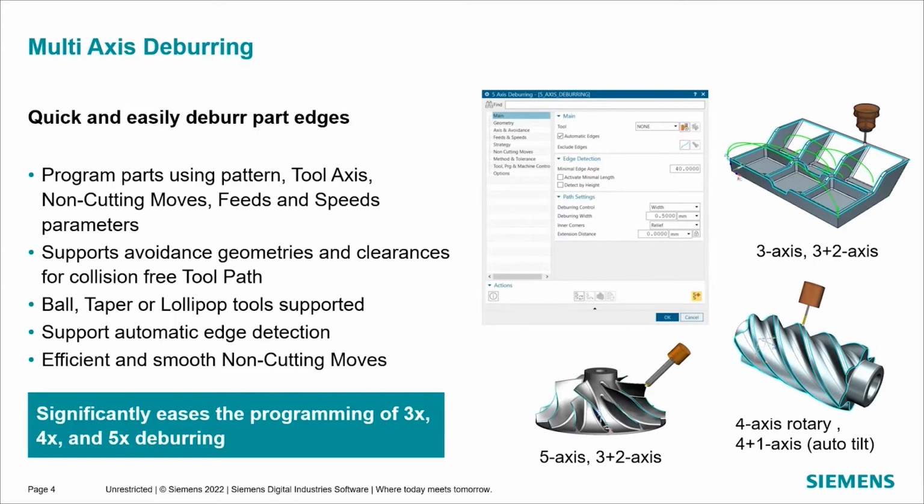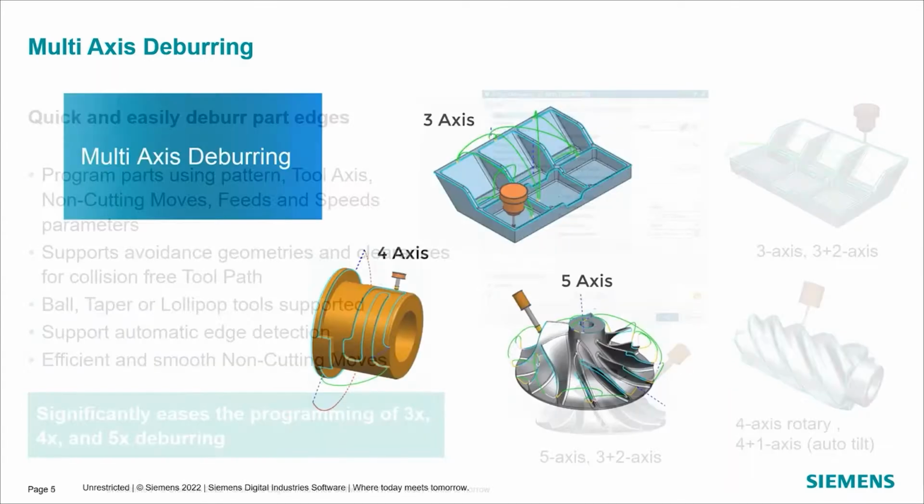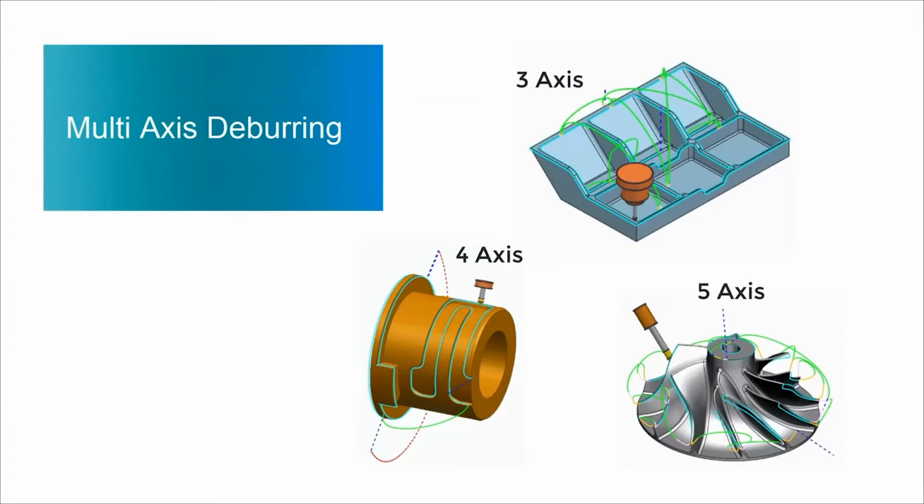One thing to note is that the edges can automatically be detected or they can manually be selected. This operation is recommended for multi-axis deburring when your chamfers and fillets are not modeled. With that, I'll show a little video.